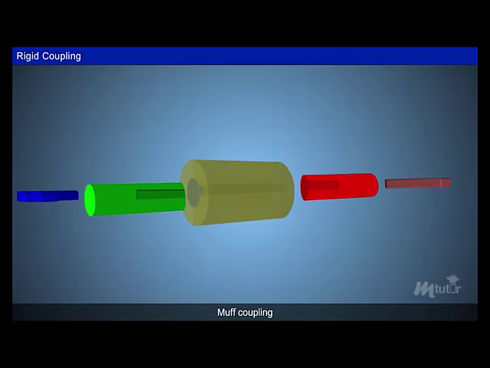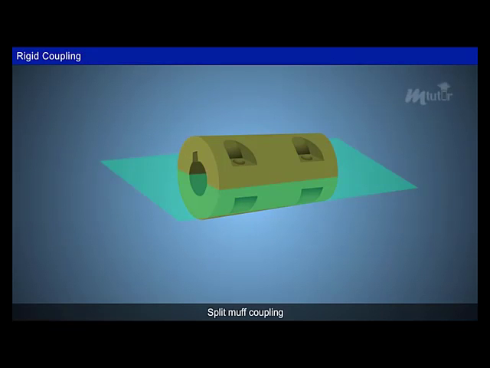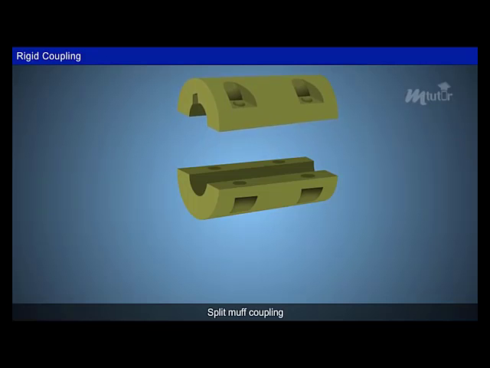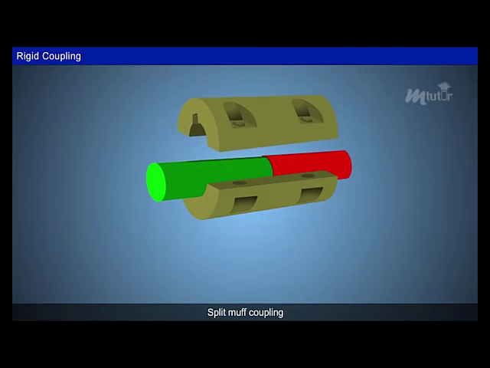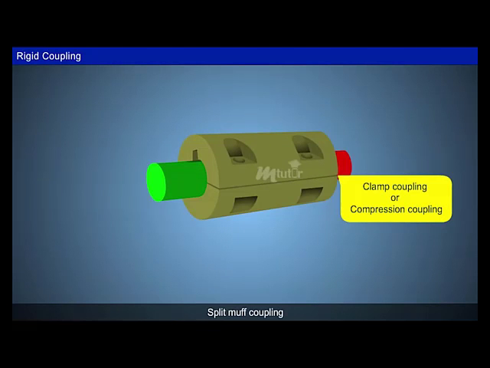To overcome this problem, split muff couplings are used. The split muff has two equal halves, which are split along the plane passing through the axis of the shaft. Thus, it is easy to disassemble and assemble by compressing the halves. It is called a clamp coupling or compression coupling.